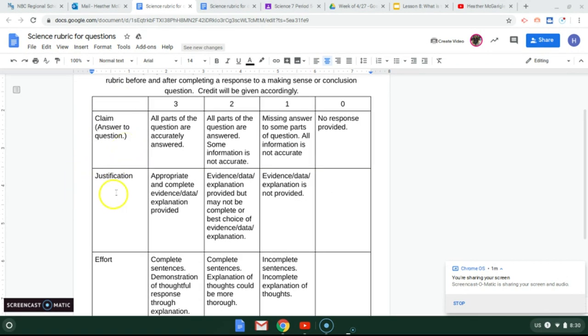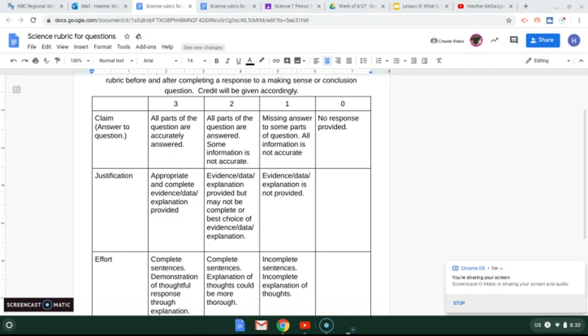All right, justification. So we're justifying our answers. So in order to justify our answers, we are using evidence or data. Okay, so a 3 for justification would be appropriate and complete evidence, data, explanation provided. So when we talk about evidence, it's proof, it's data. Your data can be qualitative data, words, we talked about that before, or quantitative data, numbers.